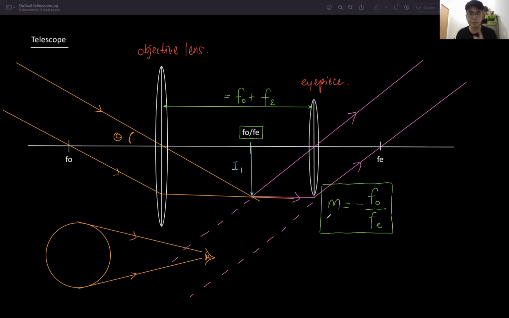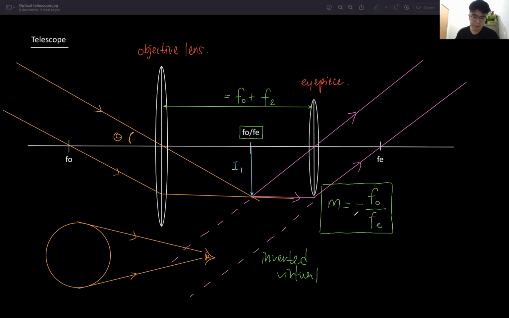So we have a negative in front. So we have inverted and virtual. It doesn't really matter whether upright or inverted, because when you look at outer space, upright or inverted is the same thing.